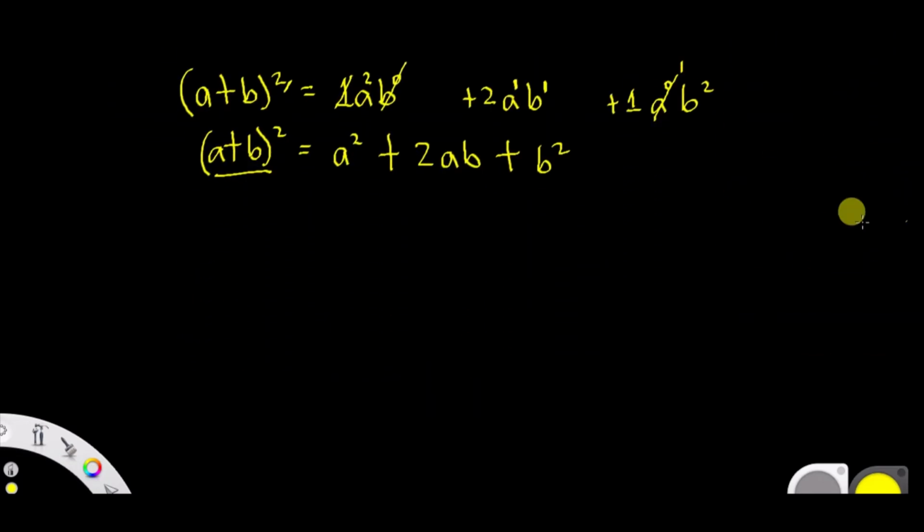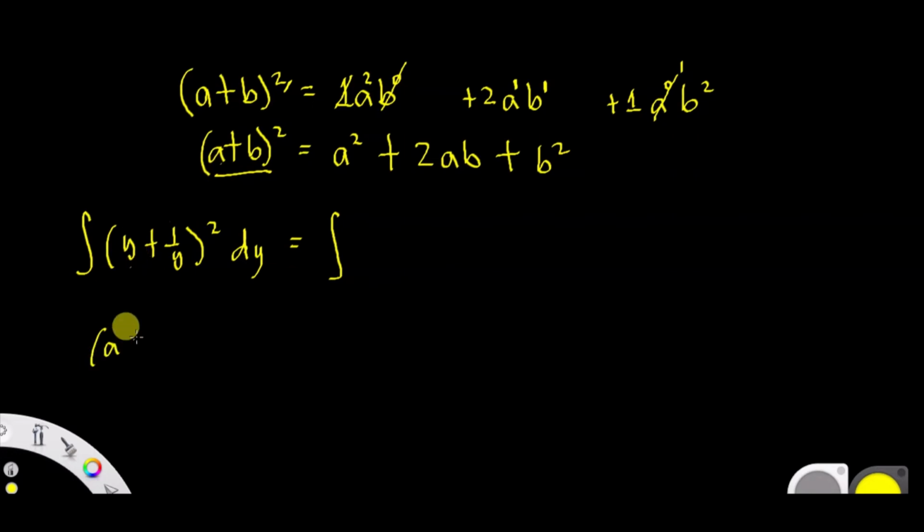So let us expand the integral of y plus 1 over y squared. So the equivalent of that is, yung a natin, comparing these two, yung a natin represents yung y, and then yung b represents yung 1 over y. Thus, ibig sabihin po, pwede natin gamitin yung a squared, and ang a natin dito is y.